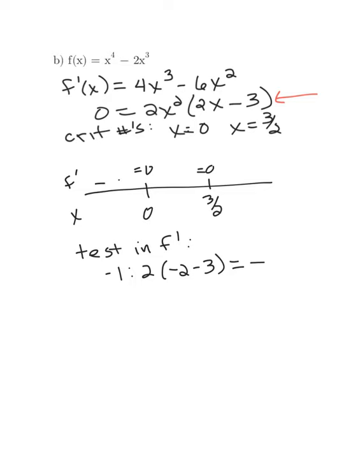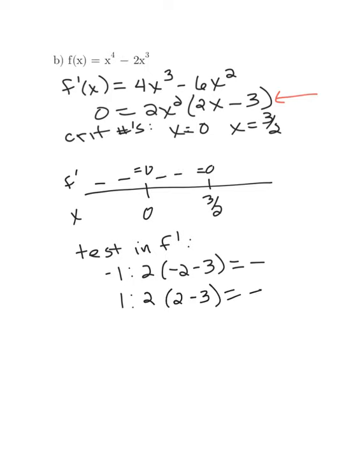So the items to the left of 0 will be negative. Now test between 0 and 3/2, which is 1.5. The easiest thing to do would be 1. Putting 1 into our derivative will give us 2 times 2 minus 3, which is 2 times negative 1, which is still negative.